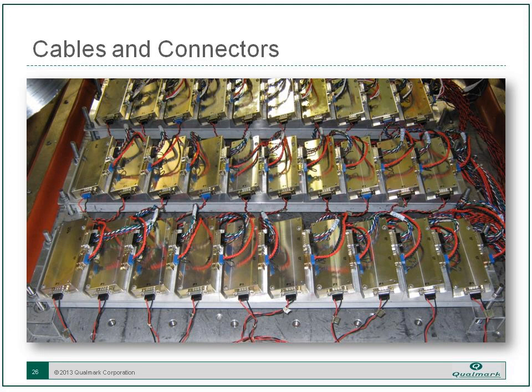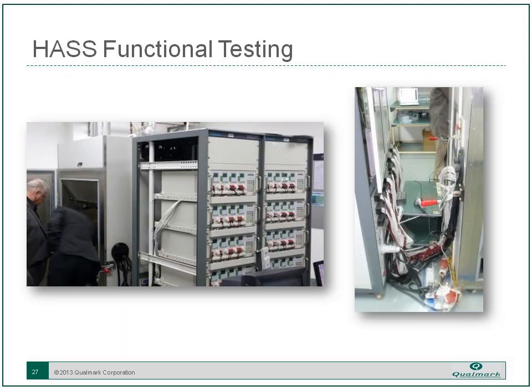If we consider the functional testing, in HASS, functional testing by necessity is neater, cleaner, more organized, and more carefully thought out. Now you've got the racks of test equipment that you're used to seeing in a production facility. And this again shows cable routing coming up into the products under test.